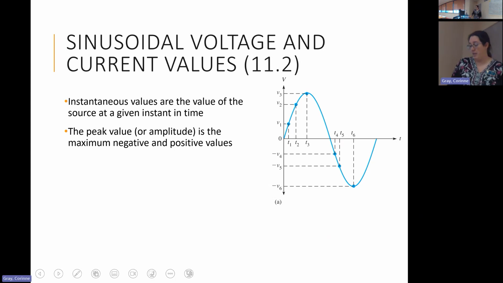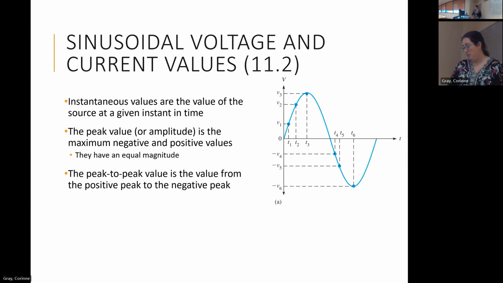But the negative peak value is the same value, just negative instead. Peak to peak is the value between these two different peaks. So in this case, whatever V3 and V6 are would have us find our peak to peak value.